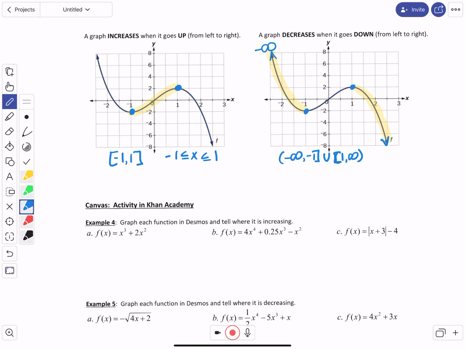Okay, so as inequalities, we would say x is less than or equal to -1, and then x is greater than or equal to +1.